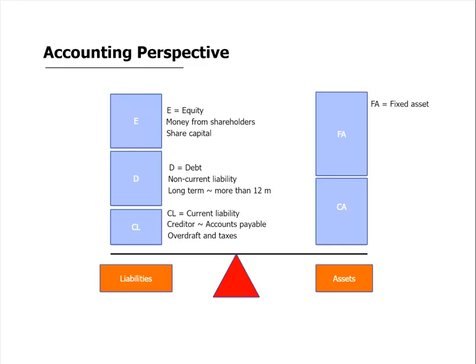Moving across to the other side, fixed assets are referred to by accountants often as non-current assets, and this includes property, plant, equipment. There's some other things in here typically that are things like vehicles, computers, furniture, fittings, etc. All those kind of permanent fixtures in the business.